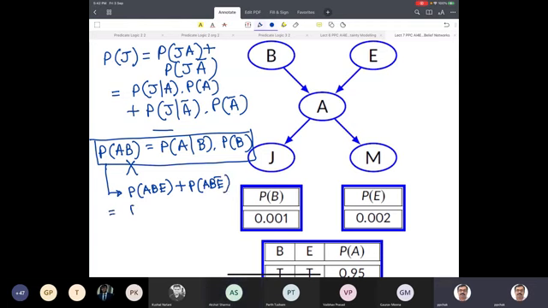Now this is written as P A given B into PB into PE plus PA given B E bar into PB into PE bar.